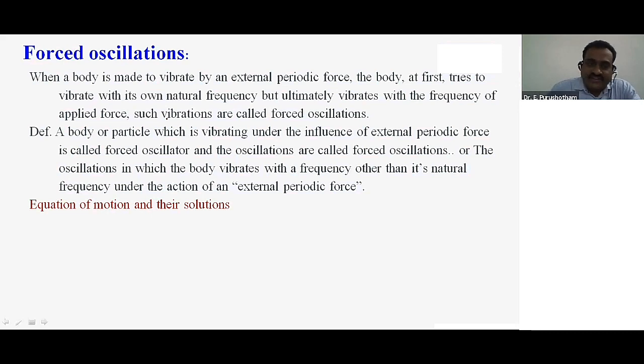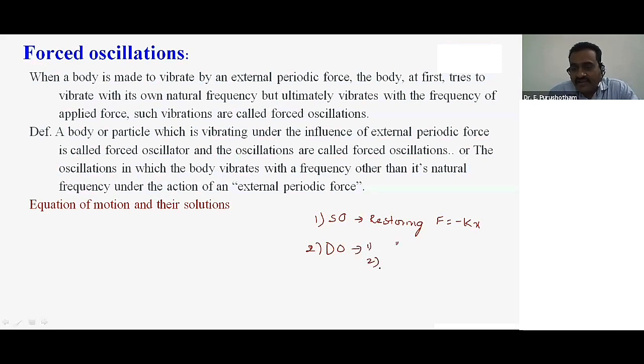For the forced oscillator, first, the free oscillator or simple oscillator has only a restoring force, F is equal to minus Kx. But a damped oscillator has two forces: one is the restoring force and another is the frictional force.